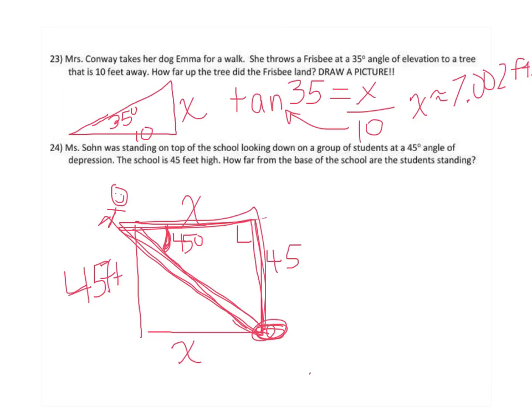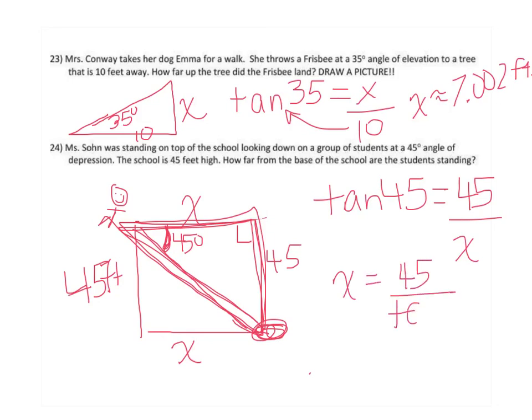Okay, so 45, I'm going to use opposite and adjacent again. So tangent of 45 equals opposite over adjacent. So x is basically going to be equal to 45 divided by the tangent of 45.